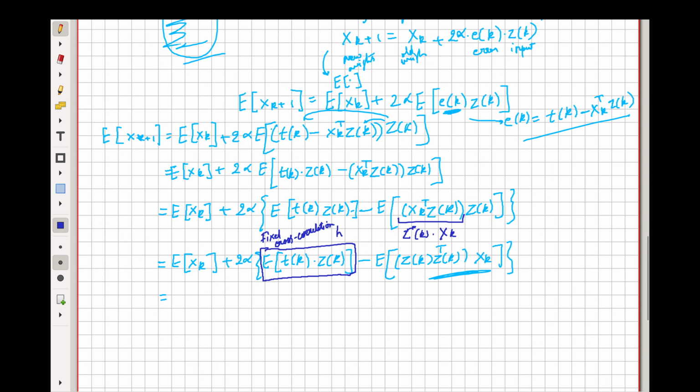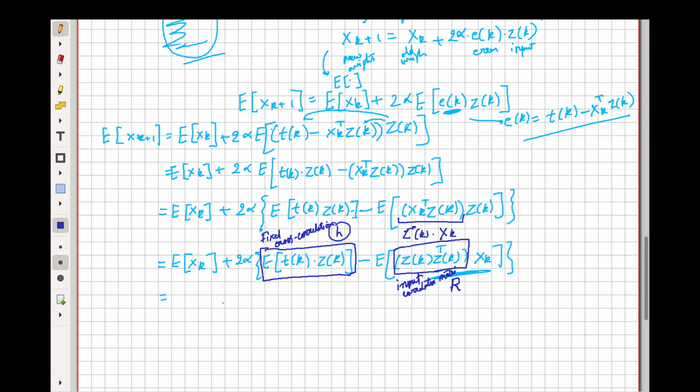This is H, and on the other side, this part right here is our fixed input correlation matrix, and that we denote by the letter R.